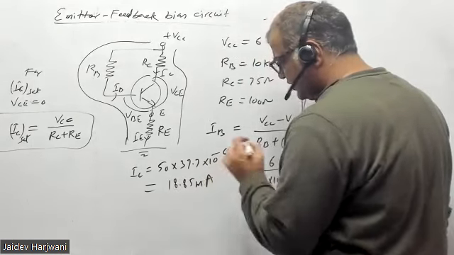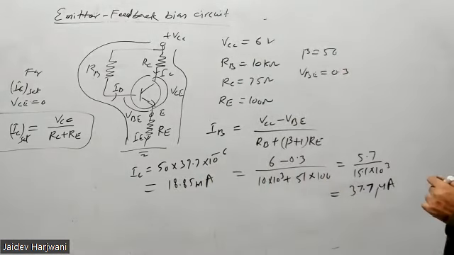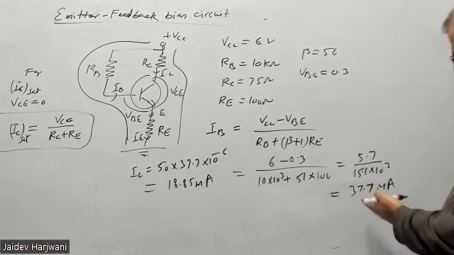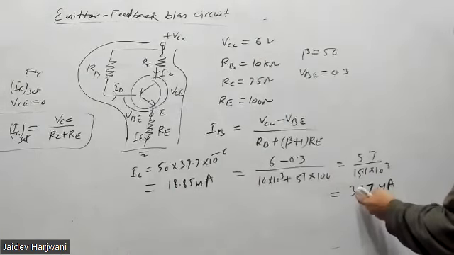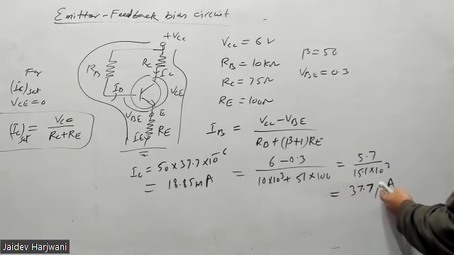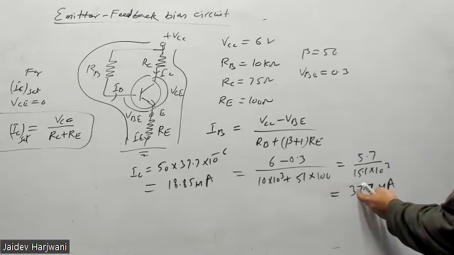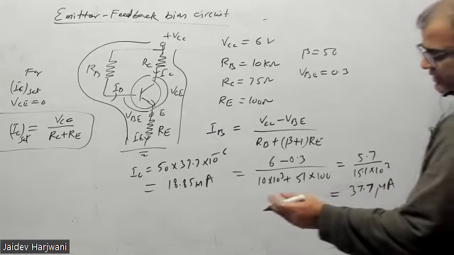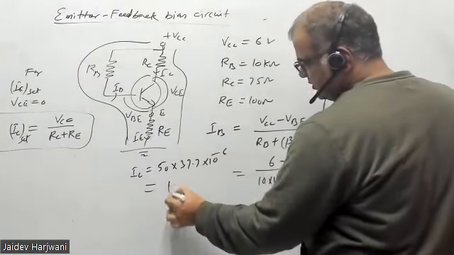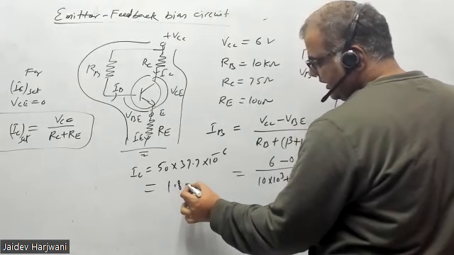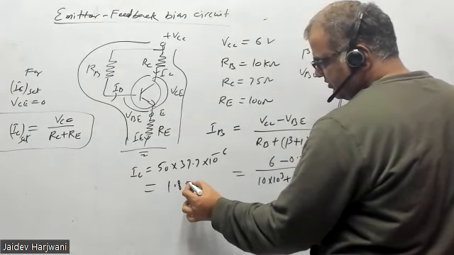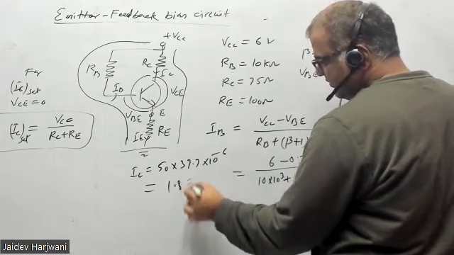Please check the calculations. If beta is 100, then this comes to 3.7 milliampere. So if half, 1.8 should come. Yes, sir, 1.8. I'm just keeping it like this. You tell me clearly.